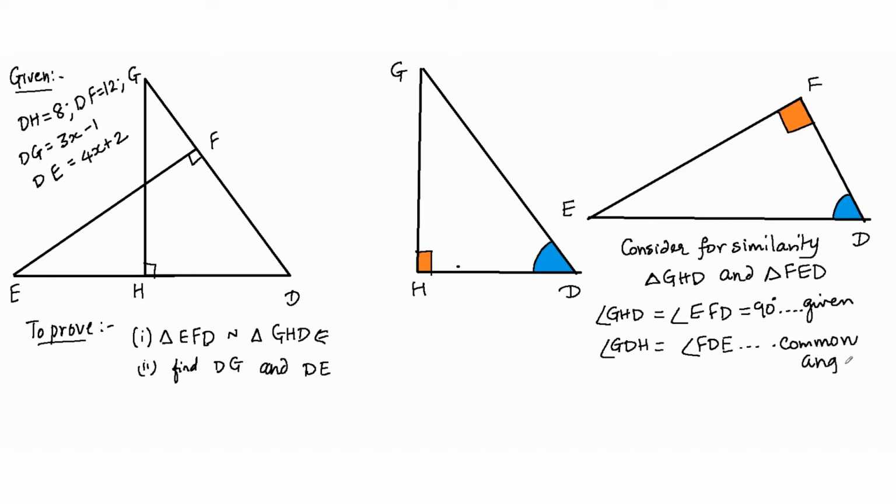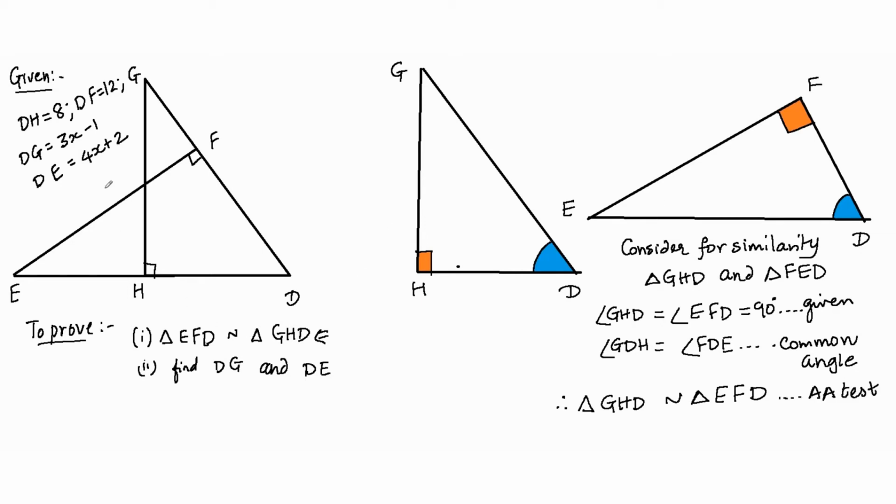And therefore, I can say that triangle GHD is similar to triangle... Let us see the corresponding parts. H corresponds to F. H is the second letter, so F is the second letter. D corresponds to D, and the third vertex is E, right? So therefore, these two triangles are similar by the AA test of similarity.